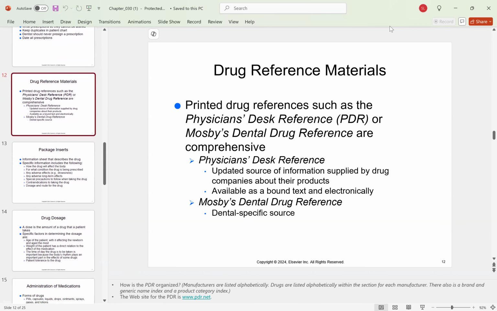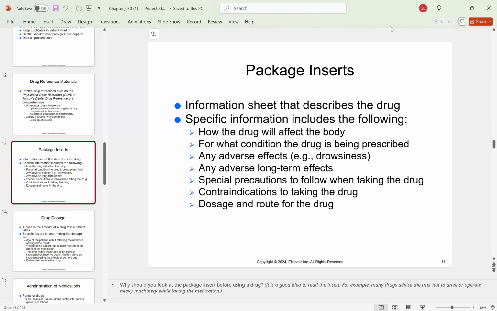There is some reference material for the medical field. This includes a printed drug reference, such as the Physicians' Desk Reference or PDR, or the Mosby's Dental Drug Reference. Then package inserts. These are what you would get when you go and get the drug from the pharmacy.